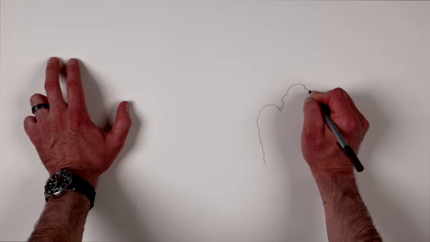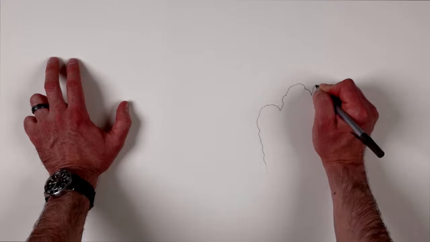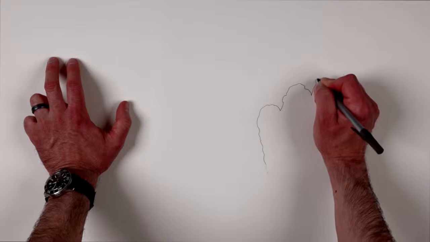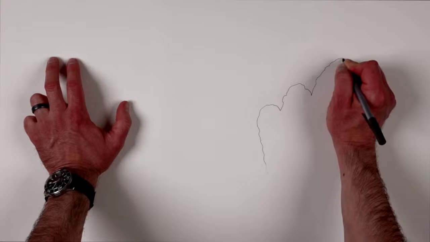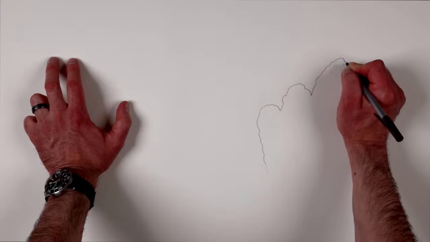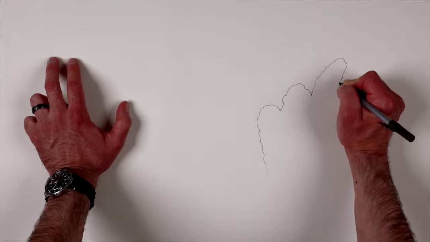Now, when you do this project, you will be amazed how many tiny little details you start to see in the contour of your hand and your fingers. Remember, the goal of this drawing is not to make a good drawing. We are training our eyes, our mind, and our hand to see all of the tiny little details of the contour.